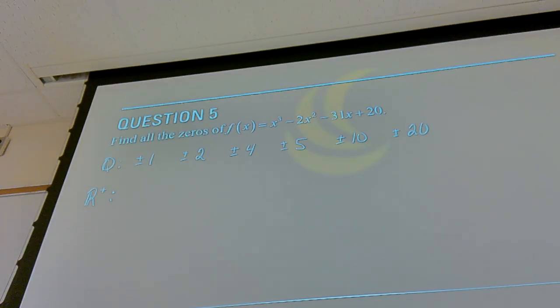How many real zeros will be positive? So what did we do to find the positive real zeros?